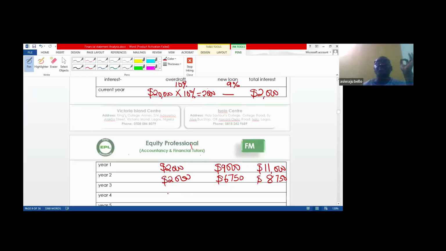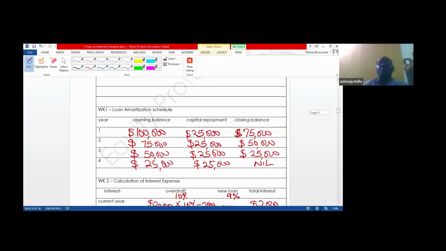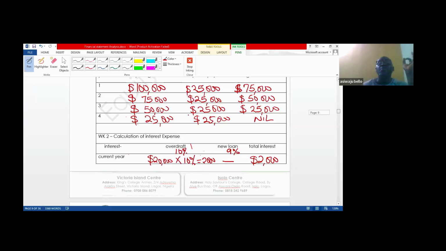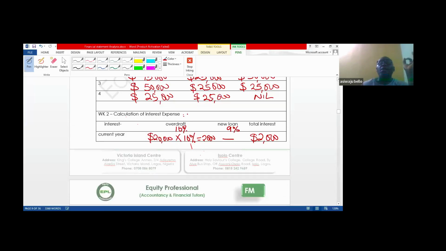Please, let's put the notes here: interest on new loan calculated on opening balance, so that you can know how we calculate it.